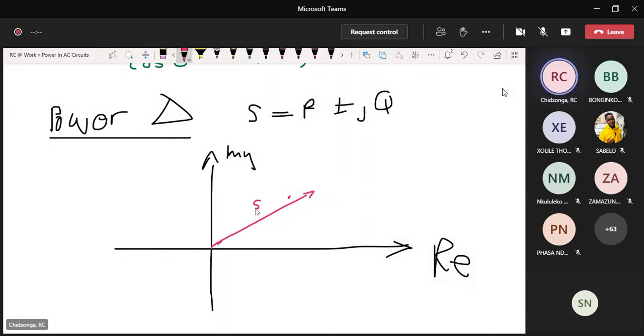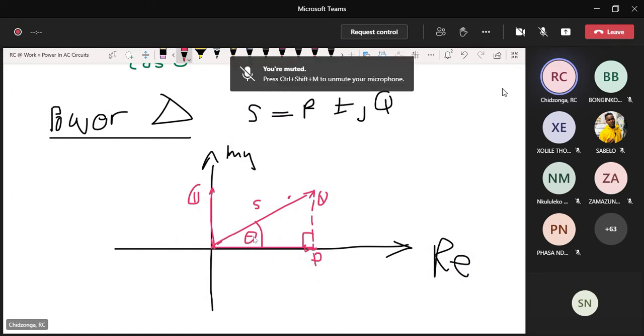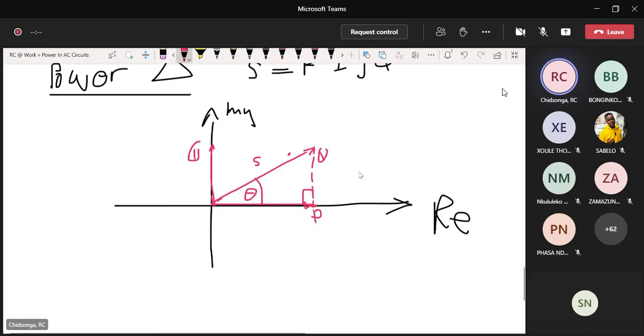So if here I've got S, this is S now, then down here, this point, I'll have P. So P will be this distance here. And up here, I'll have Q, which is this distance from there to there. This is Q. This is a right angle. This angle here will be theta. All right? This is a right angle triangle.